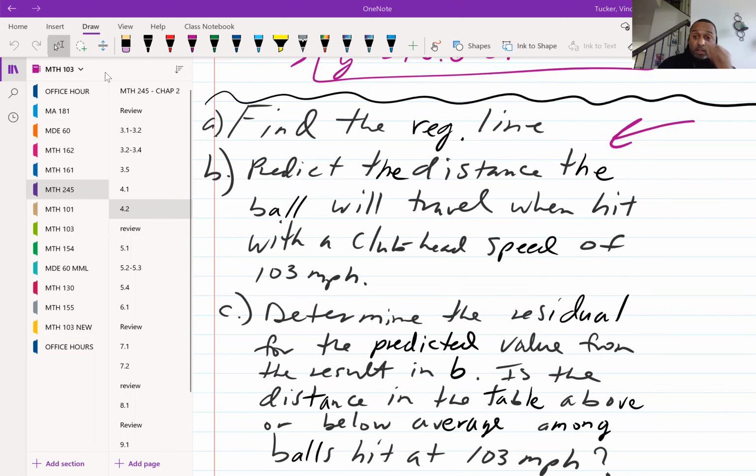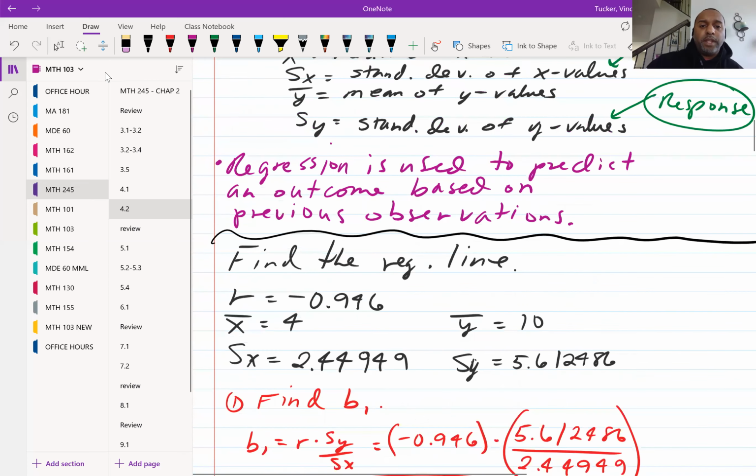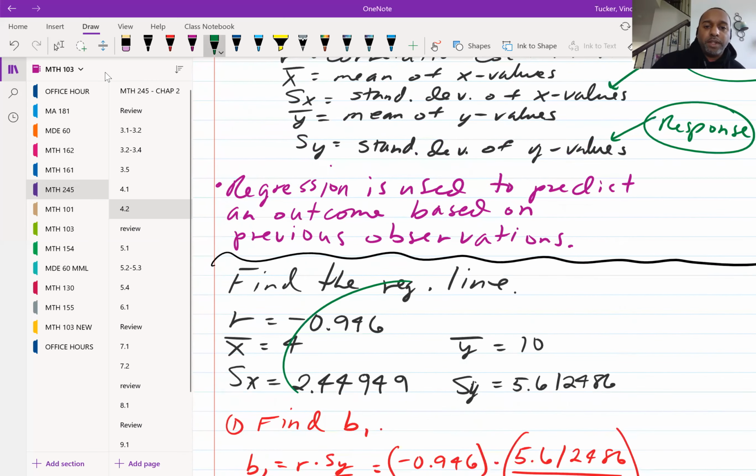Okay, so last class we were in 4.2 and we did the regression line. So we're going to finish that up today. Remember last class, they gave us the information as the correlation, the mean and standard deviation of your explanatory variable, and the mean and standard deviation of your response variable.